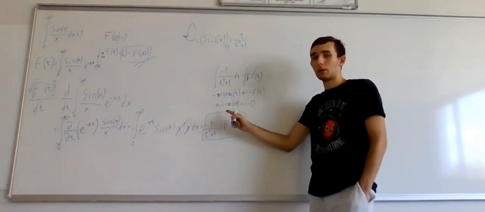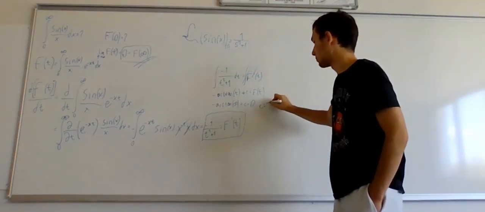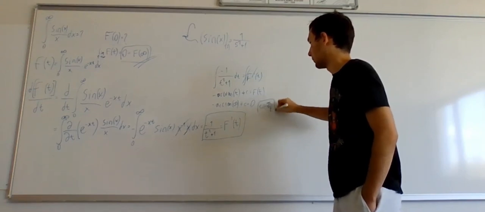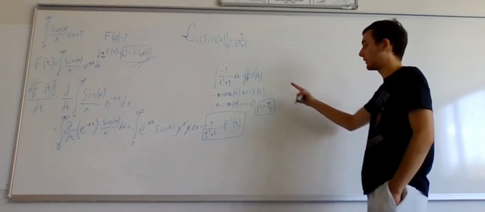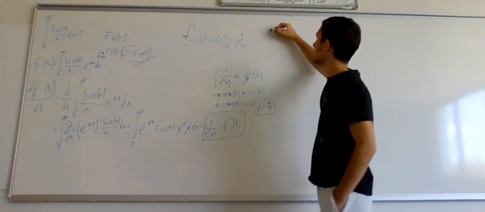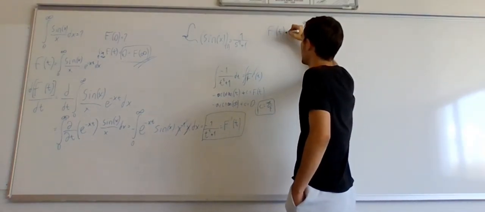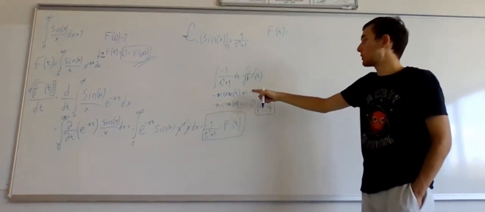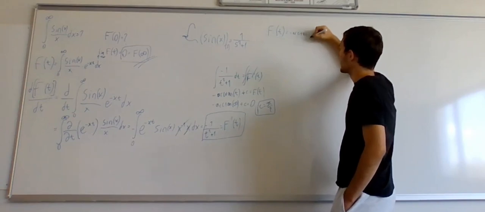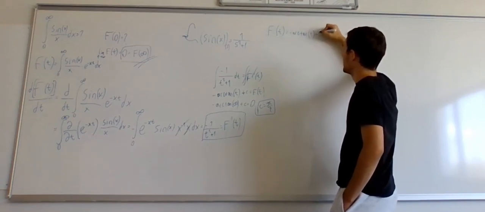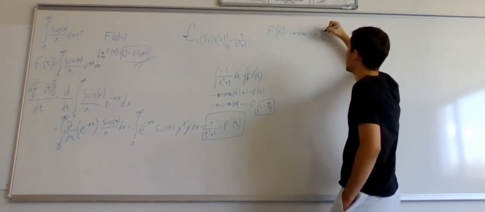So we have negative pi over 2 here, and c is equal to pi over 2. Now that's great. And if we substitute this back into our equation for f of t here, we have negative arctangent of t plus pi over 2.